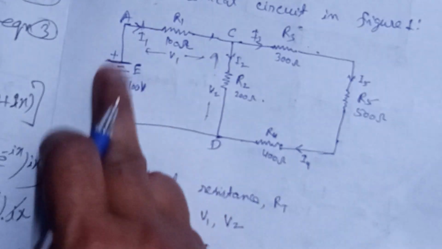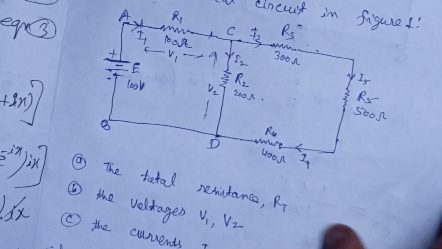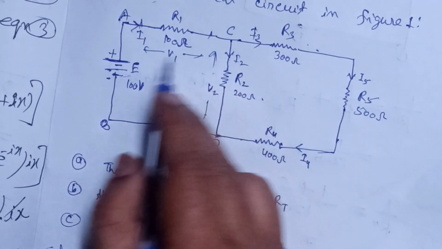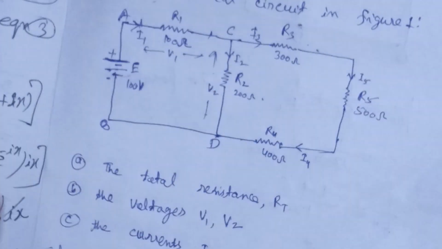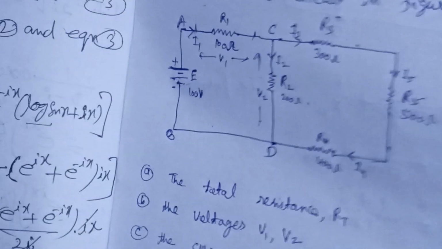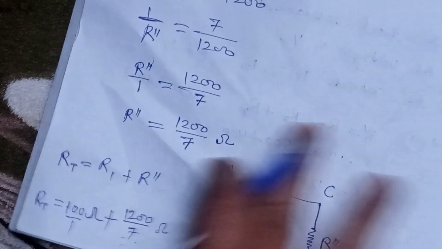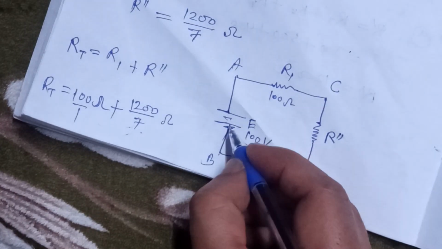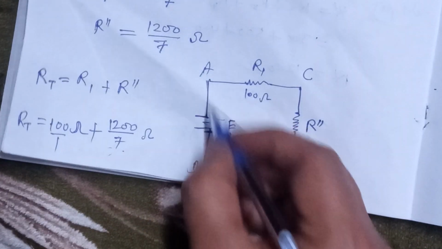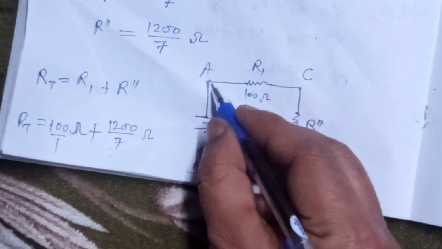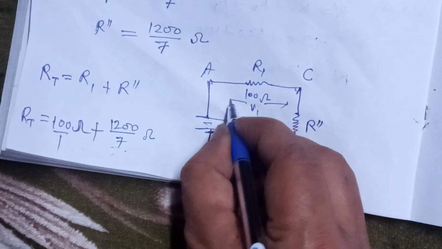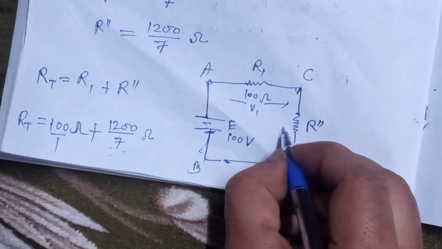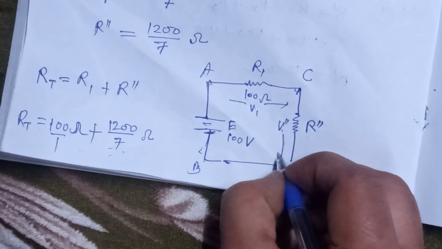We also have to find the value of V2. This 100 volt in the last figure is applied across two points and divided between these two voltages, V1 and V double dash.